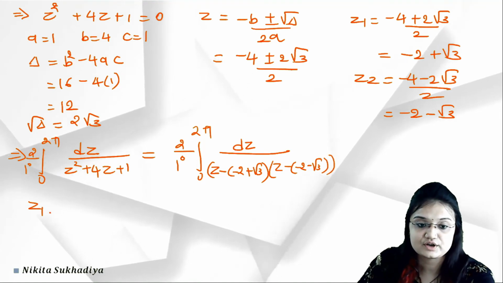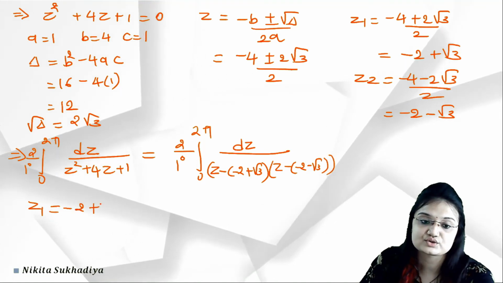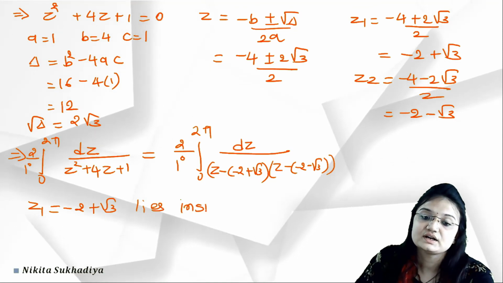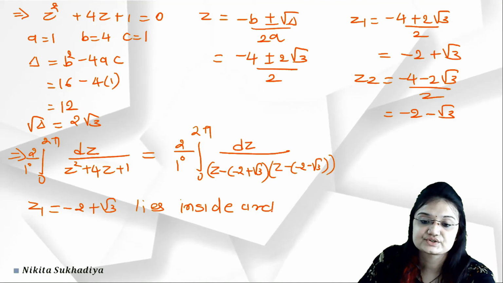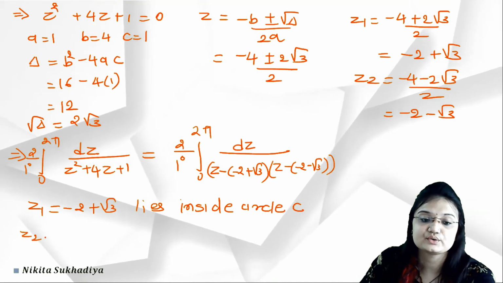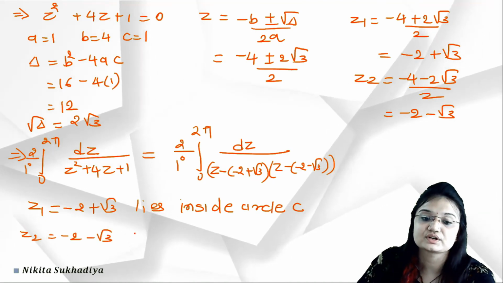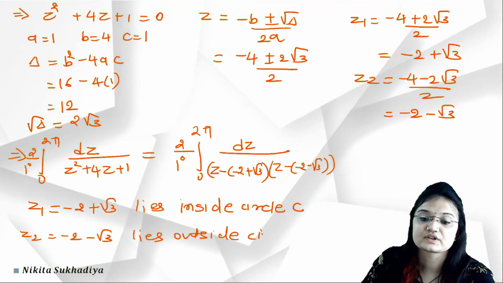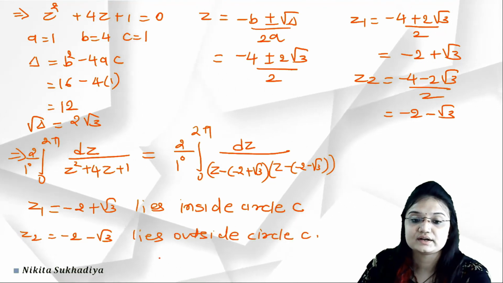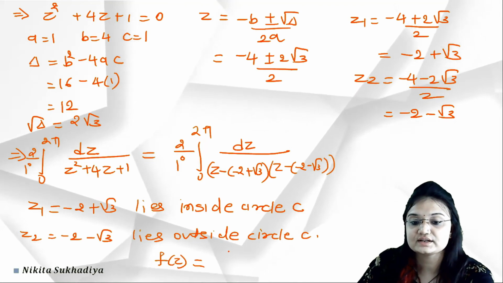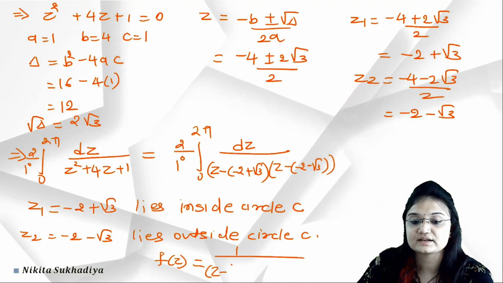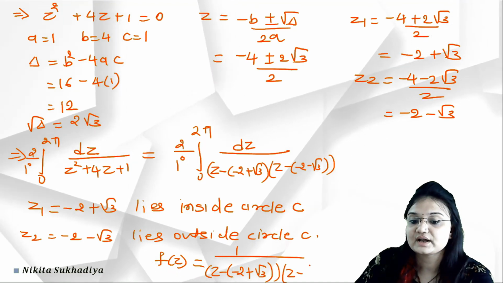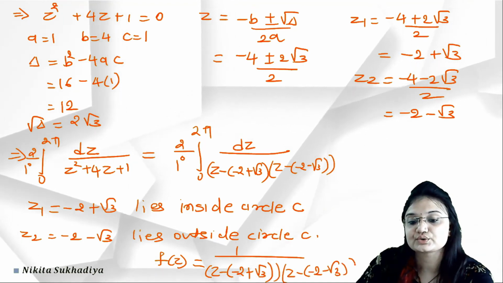So here we have two poles, z1 is equal to minus 2 plus root 3 which lies inside circle C, and z2 is equal to minus 2 minus root 3 which lies outside circle C. And here we have function f of z is equal to 1 upon z minus 2 plus root 3 and z minus 2 minus root 3.